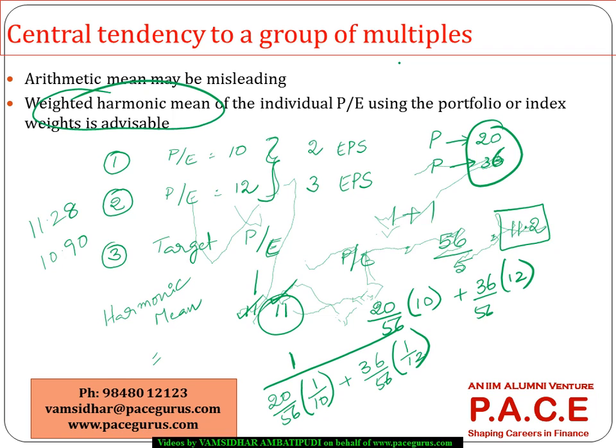That is one thing we have to be quite comfortable with while setting the benchmark. Otherwise, a simple arithmetic average or a geometric average can give either a higher or a lower value for the justified P/E. So enough care has to be taken while setting the benchmark in this aspect.